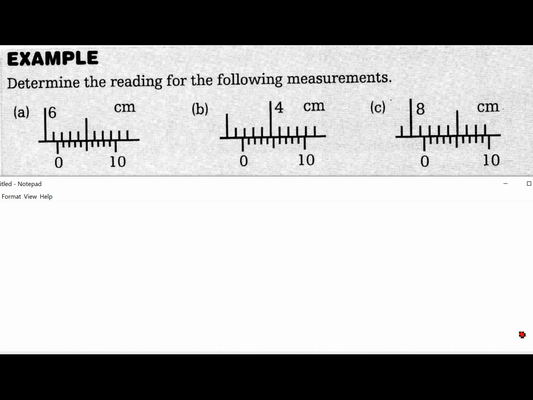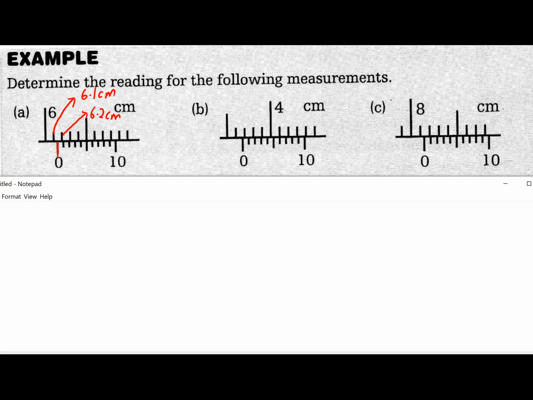Let us try some examples on the reading of vernier calipers. Example A, the vernier 0 is situated here, right between this marking here, which is 6.1 centimeters, and this marking here, which is 6.2 centimeters. In other words, the reading falls somewhere between 6.1 and 6.2 centimeters.